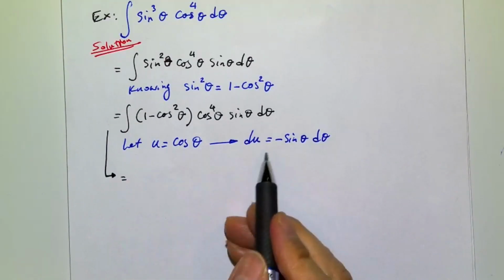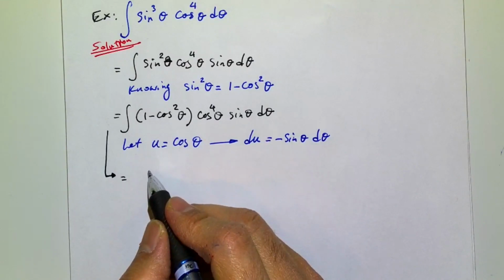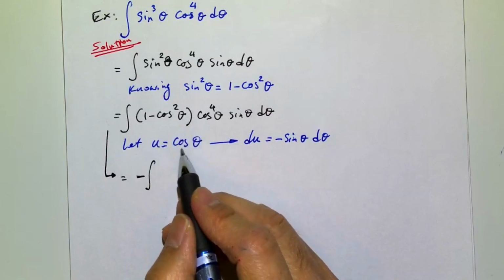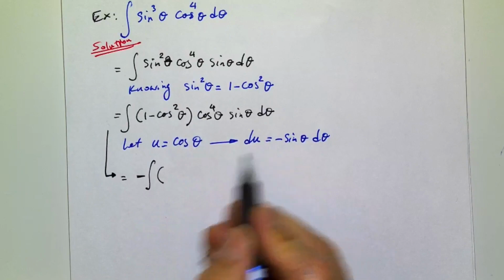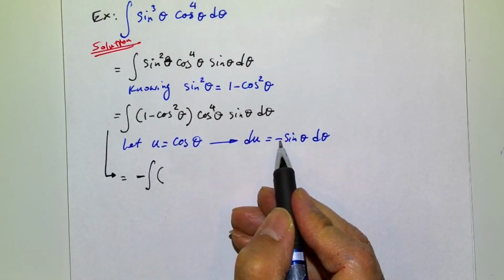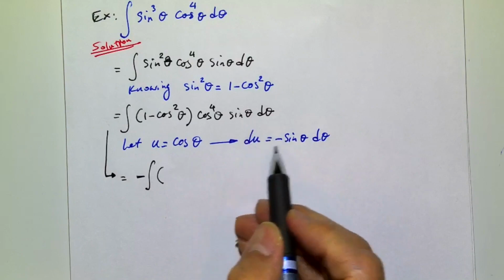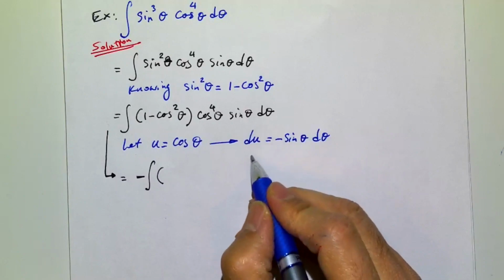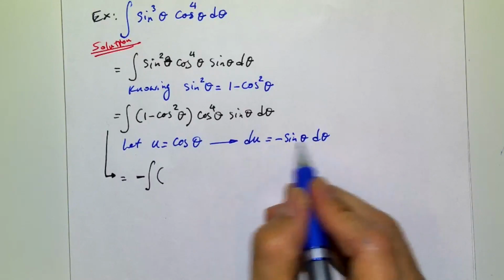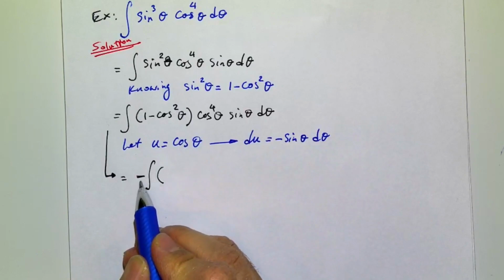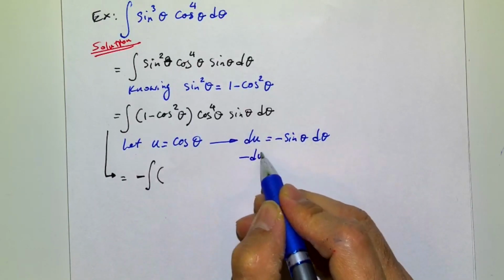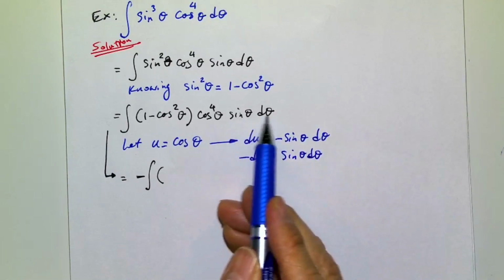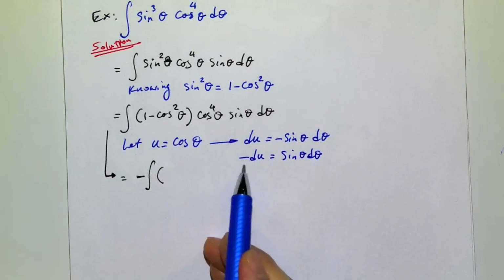All right, so we have this minus. Let me put that up front, because we're going to substitute for cosine theta with u. You can either leave it like that and make that minus appear here, or you can write it like this: minus du equals sine theta d theta. So sine theta d theta equals minus du, and that minus appears here.